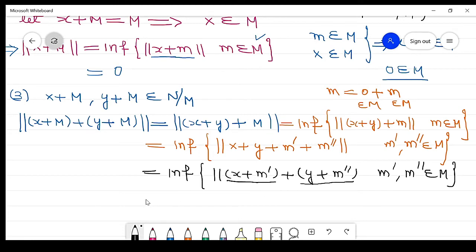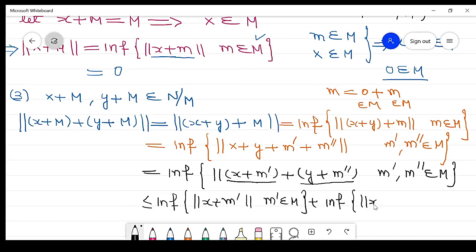So by using that result, this is less than or equal to the infimum of the norm of x plus m dash, m dash belonging to M, plus the infimum of the norm of y plus m double dash such that m double dash belongs to capital M, right?